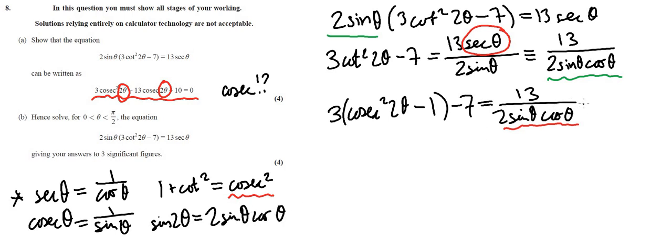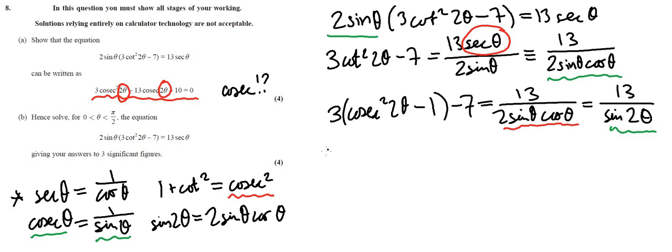So I can replace this as 13 over sine of 2 theta. Great. Okay, well, again, my sine of 2 theta. Okay, we said that 1 over sine of theta was cosec theta. So now I can use this to generate another cosec.